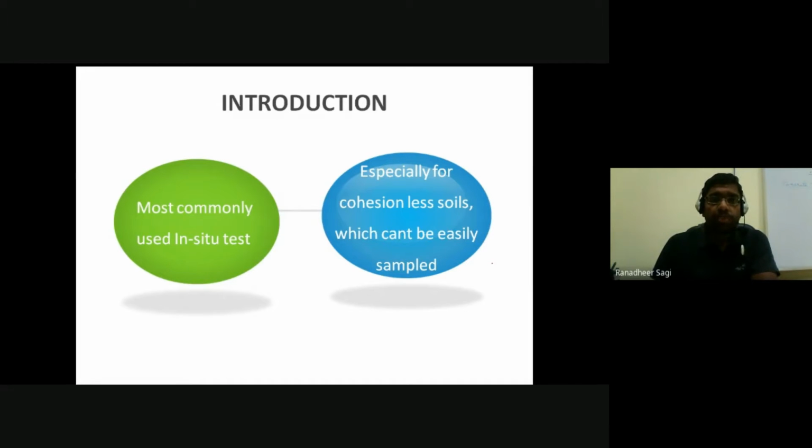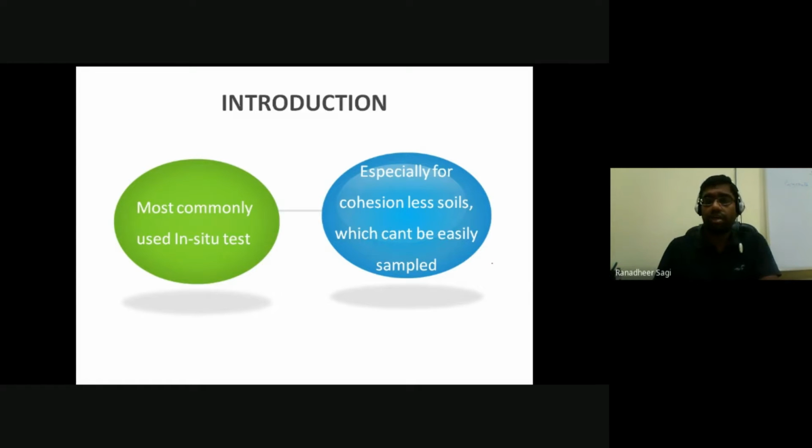This SPT test is the most commonly or widely used in situ test. We have been talking about different field tests in the previous class, and out of all of them, this is the most common field test that people prefer to perform in the field.